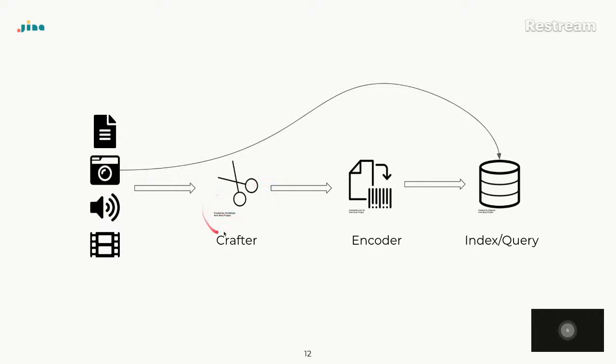You also have to craft it into smaller parts. You need to encode it also into vectors and then save it. And then when you have it like that, then you can use whatever metric you need to retrieve the one that you want. I think that's going to be clear in the next slide.